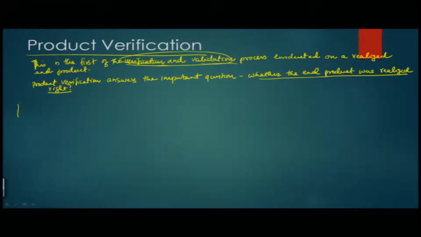If we look at it diagrammatically, following similar lines to what we discussed earlier, the first input is the end product to be verified, which comes from previous processes.